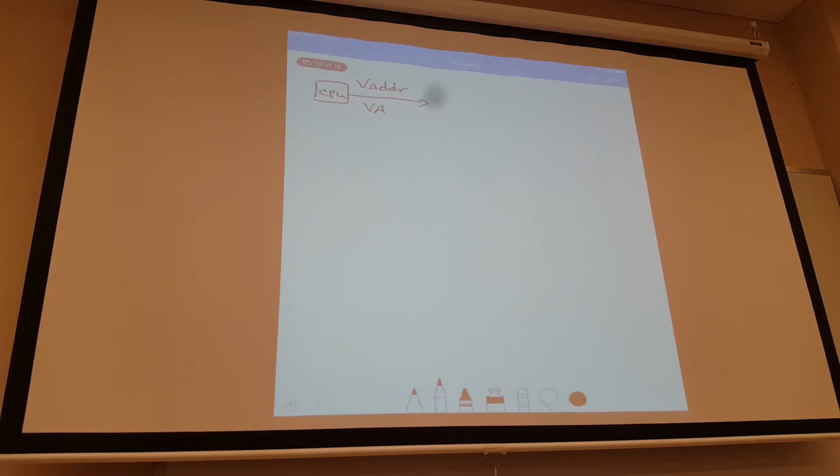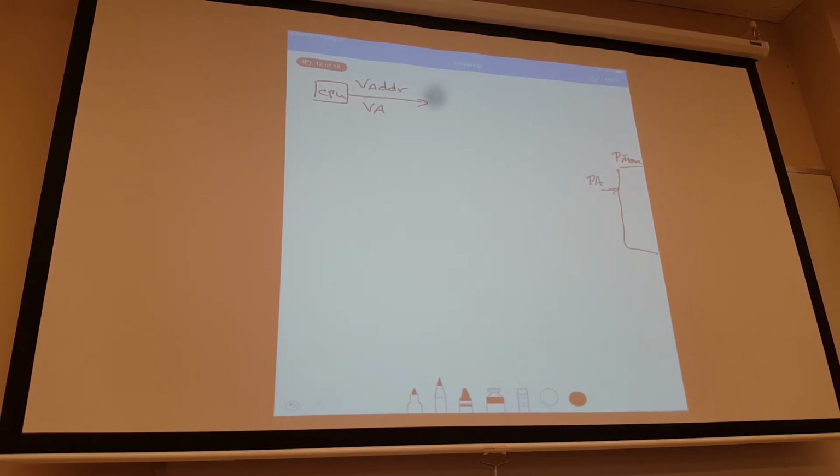There are lots of terms floating around. If they get confusing, stop me. So now we've got this virtual address that's going to be sent out, and eventually, out here we have our physical memory, and it's going to be accessed with a physical address.